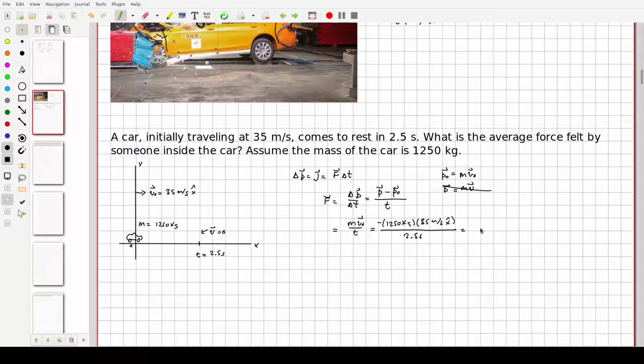So when you do this, divided by 2.5, you get about 17,500 newtons in the minus x-hat direction. So here's your answer right there.